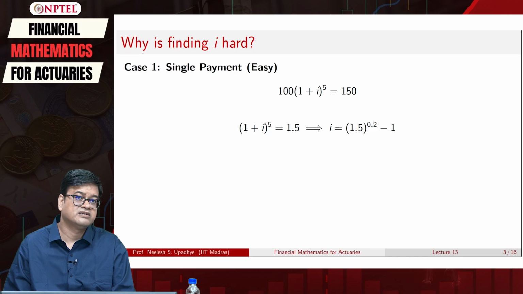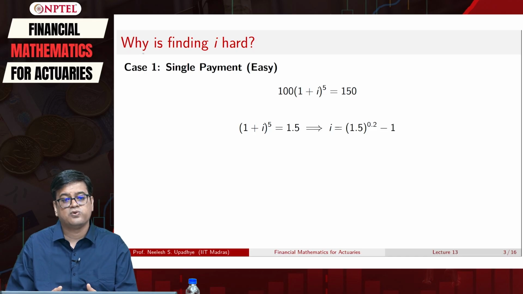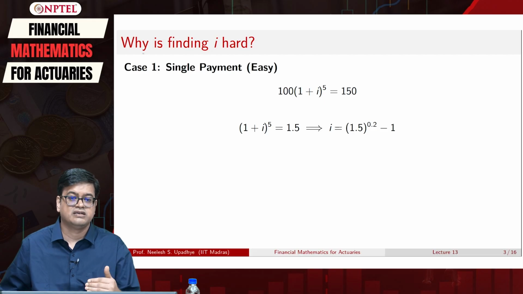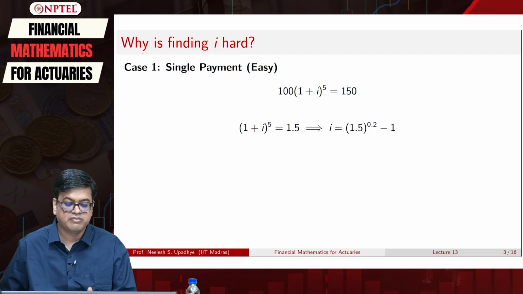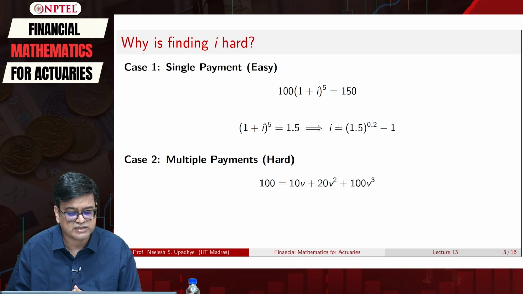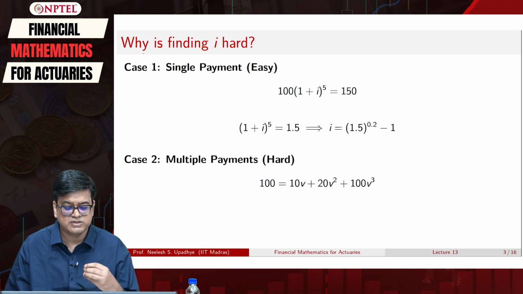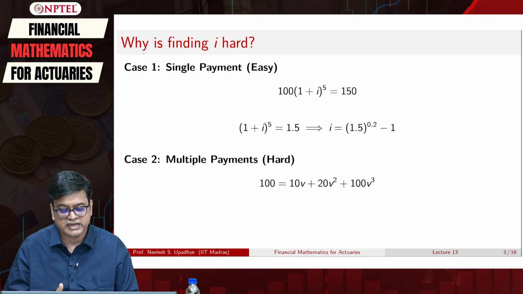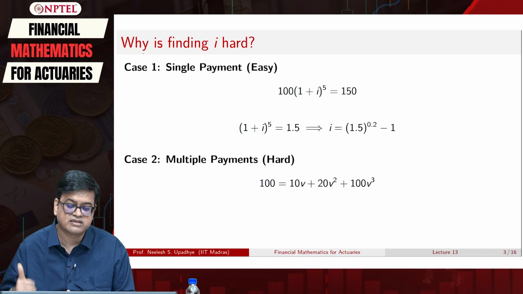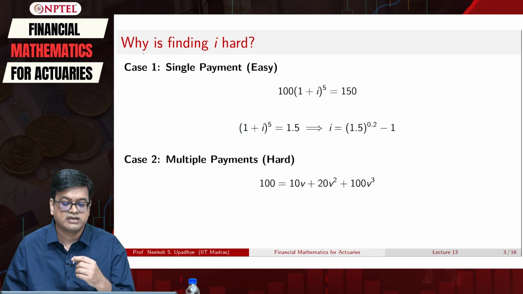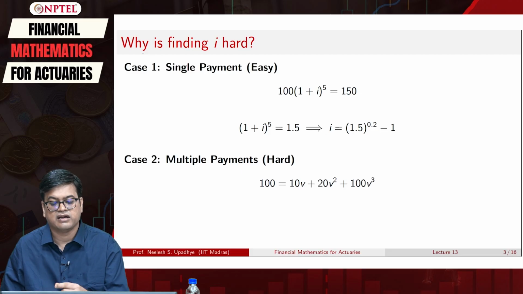However, in the case of loan payments, you typically have multiple payments, and these make matters worse. For example, now the present value is 100 and you are paying 10, 20 and 100 at the first, second and third time points. So the present value of that is 10v, 20v squared and 100v cubed.